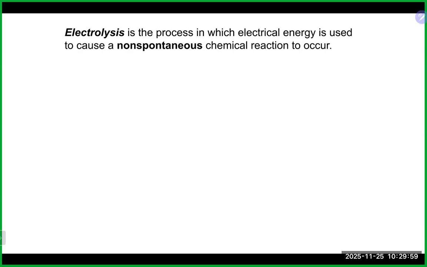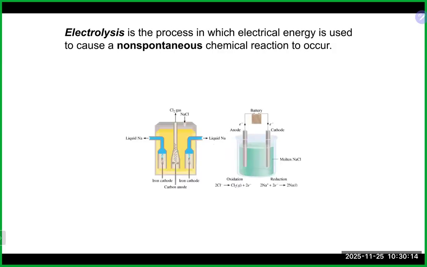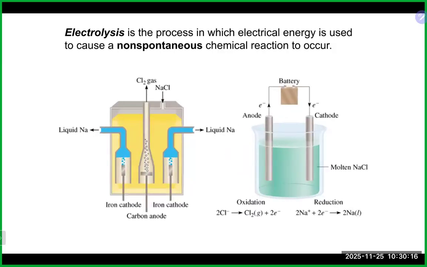All right, the last thing we're going to talk about in this chapter is electrolysis. Electrolysis is the process where we make a non-spontaneous process occur by providing some type of external electrical energy. So, for example, if we had something like sodium chloride, we cannot return it back to its elements by a natural process.